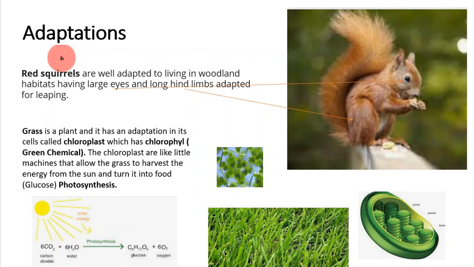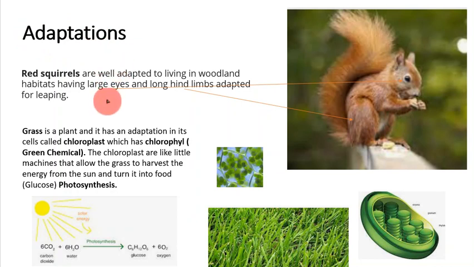The polar bear would die because it wouldn't be able to cool down. So this is how organisms rely on their particular habitat and how the habitat has an impact on the organism as well. What enables organisms to survive are these things called adaptations.